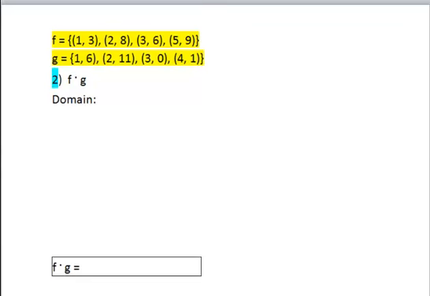See if you can do this one. We're multiplying this time. So the very first thing you have to do is find the intersection of the domains. The domain of the first one is 1, 2, 3, 5. We just determined this on the previous page. The domain of the second one is 1, 2, 3, 4.